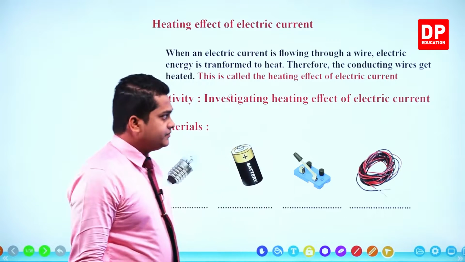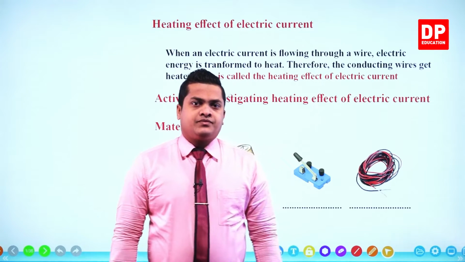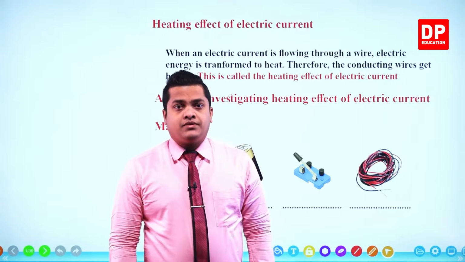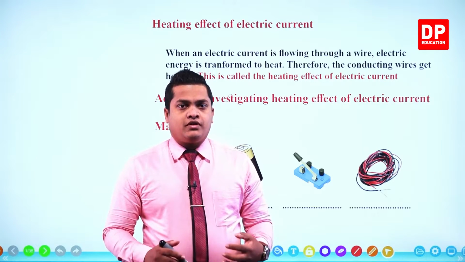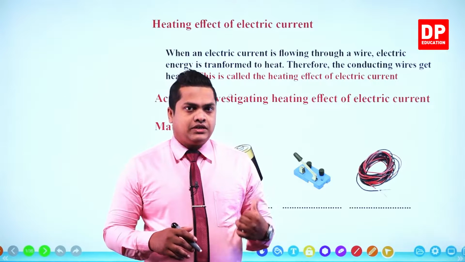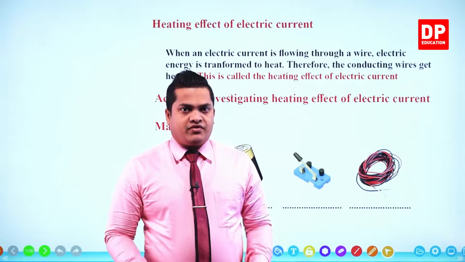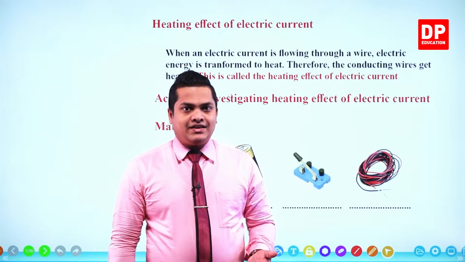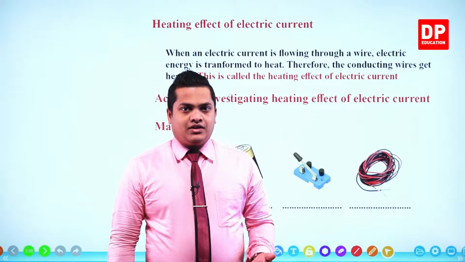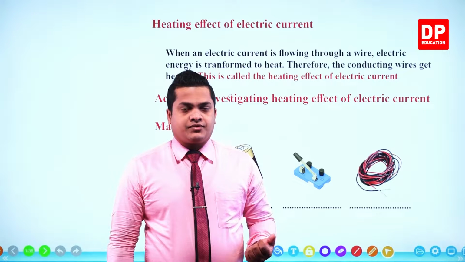My dear children, you know that if you take a light bulb, especially a filament bulb, I told you that filament bulbs emit a large amount of heat energy. In the earlier chapter we discussed that a filament bulb generates heat energy as the primary energy.